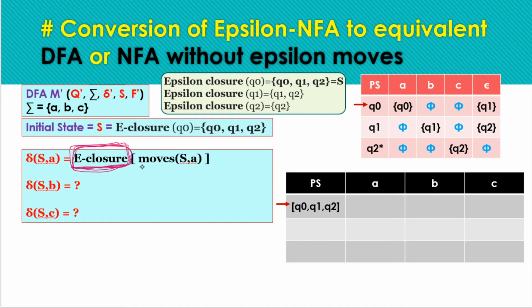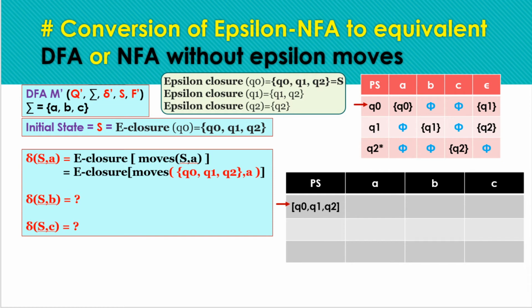Now we have to find out the closure of moves from state S for input symbol A. Expanding this equation to the next equation, we have to find out moves from Q0, Q1 and Q2, because S is basically Q0, Q1 and Q2. Now we have to find out the moves for input symbol A from Q0, Q1 and Q2. This was the same process that we were doing in NFA to DFA conversion also.